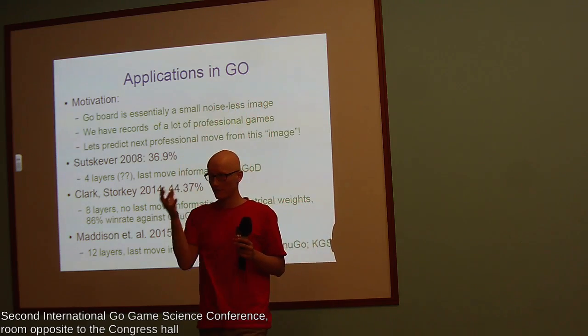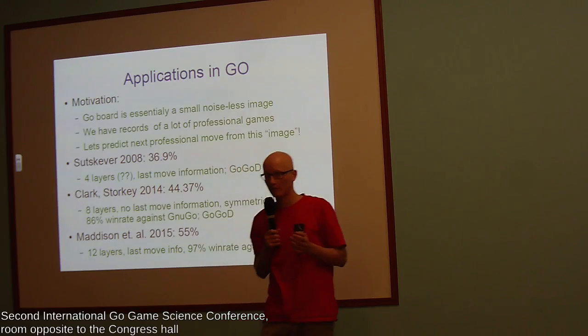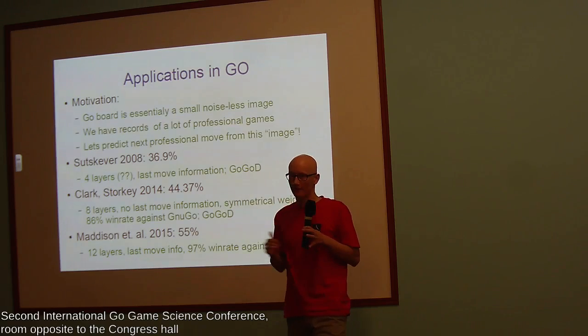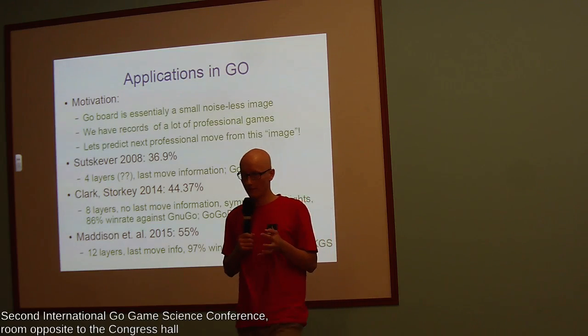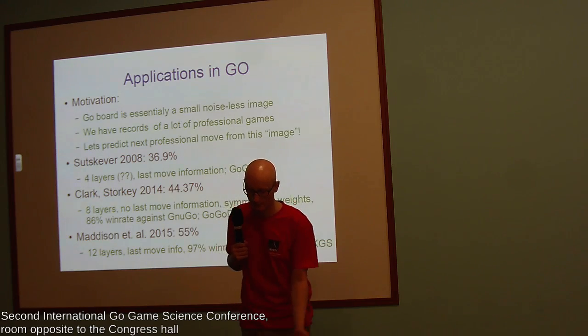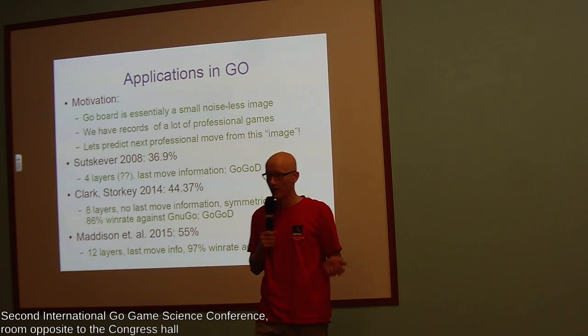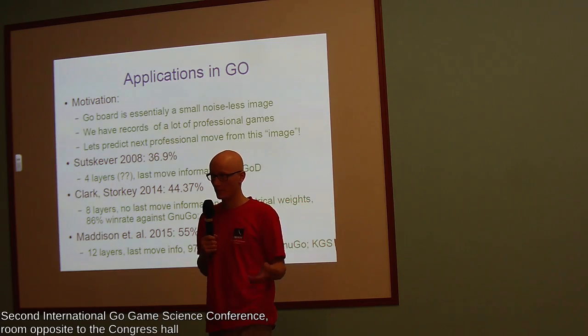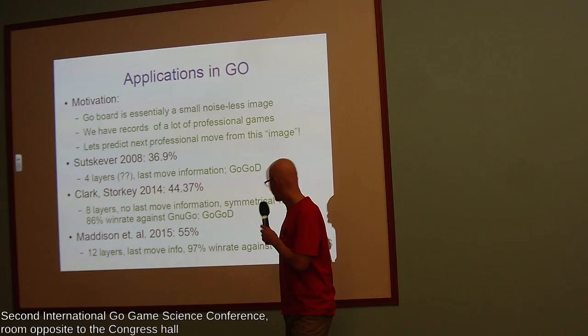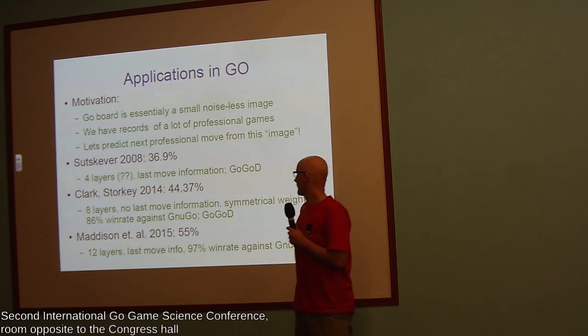The network has something like 5 kyu strength, and it has no look ahead. It's very simple. It has a simple feed forward architecture that can be computed in 1 millisecond on a GPU device. So it's very interesting that it works so well.